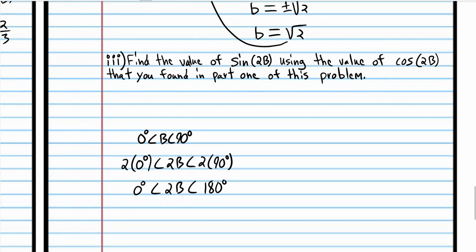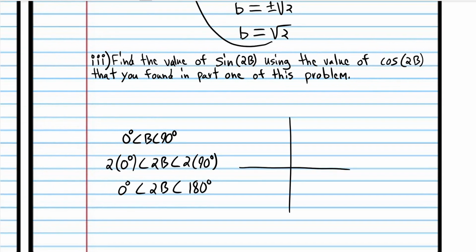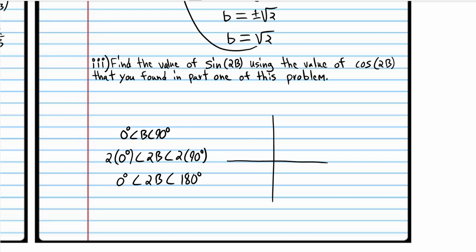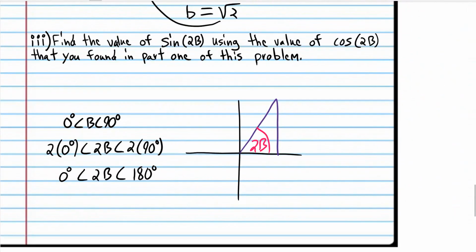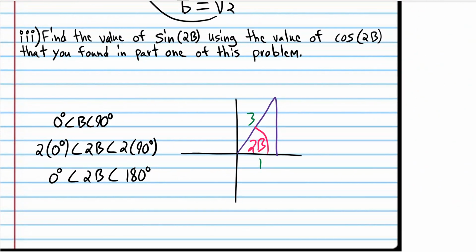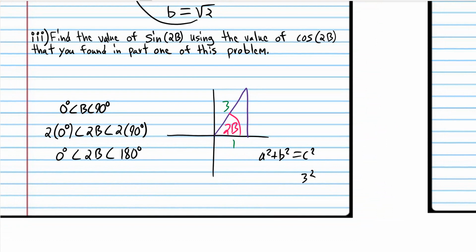So now we can draw a hypothetical 2b. Again, we know it has to be in the first quadrant, and we know that cosine 2b is 1 over 3. So now we can use the Pythagorean theorem again to find the missing value, and we get plus or minus 2 root 2.